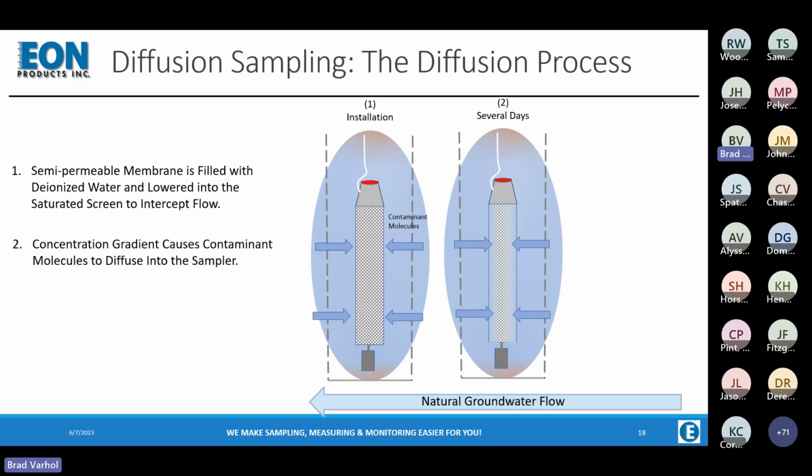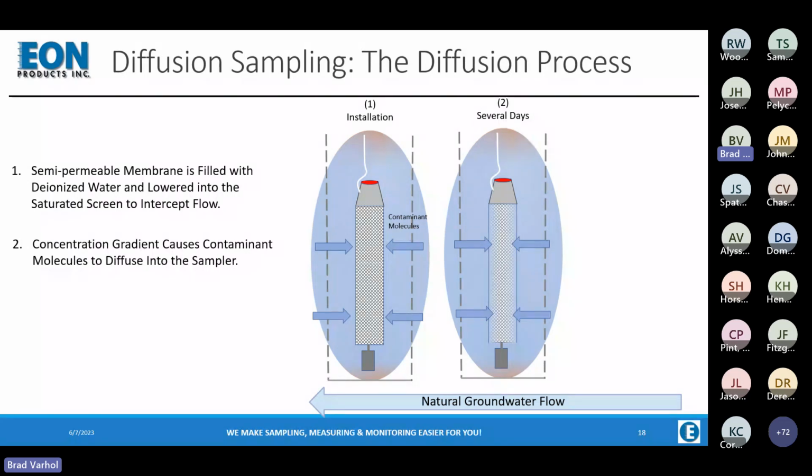Natural molecular diffusion is a process whereby molecules of any compound, whether in a liquid or gas, tend to randomly and chaotically move around and bump into each other until they're spread out equally within the volume in which they're contained.